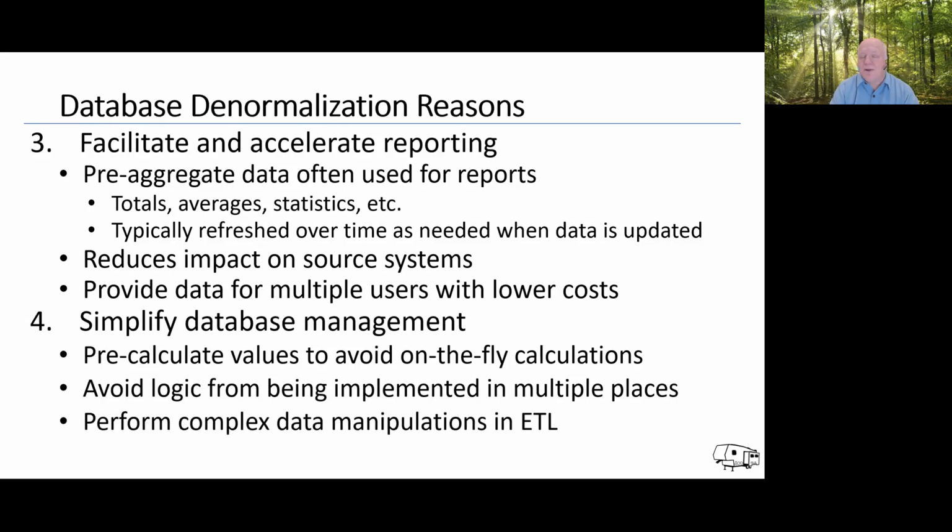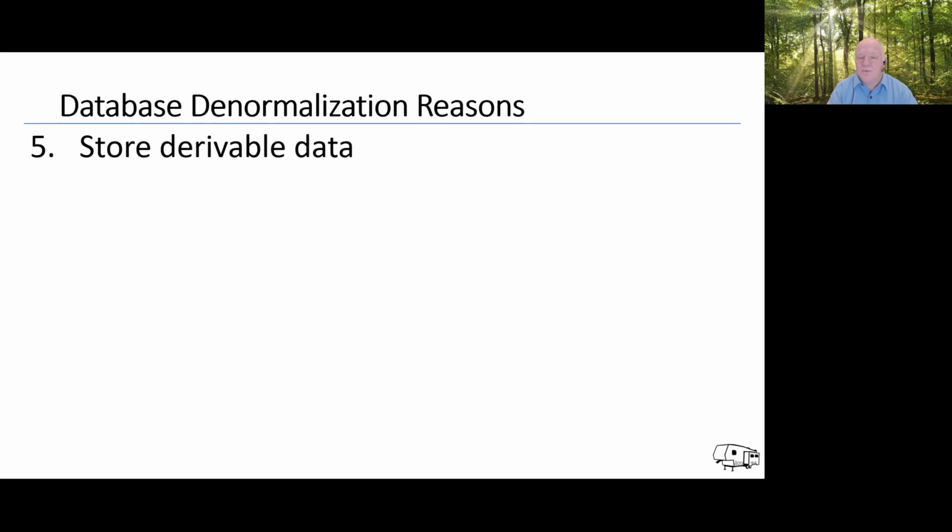It helps us to simplify data management so that we can pre-calculate values to avoid on-the-fly calculations and reduce system impact. We can avoid logic being implemented in multiple places by having it done once and then transforming and storing it that way. And we can reduce or eliminate complex data manipulations by doing that in our ETL process.